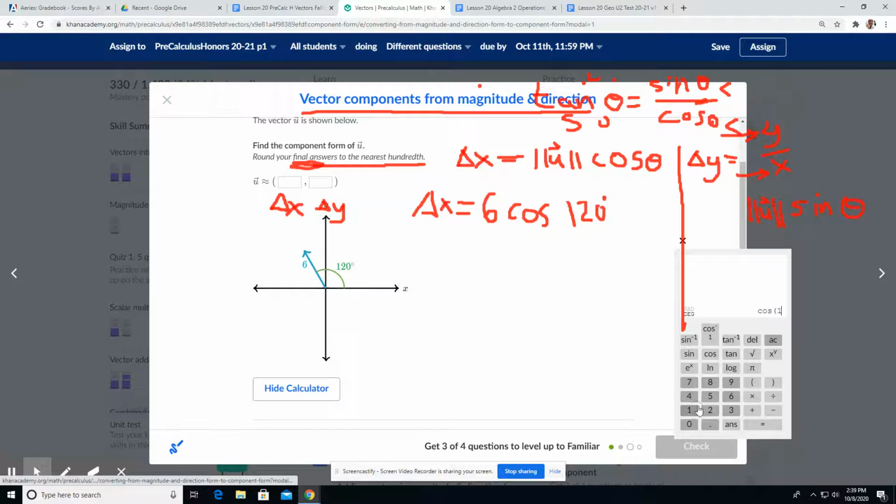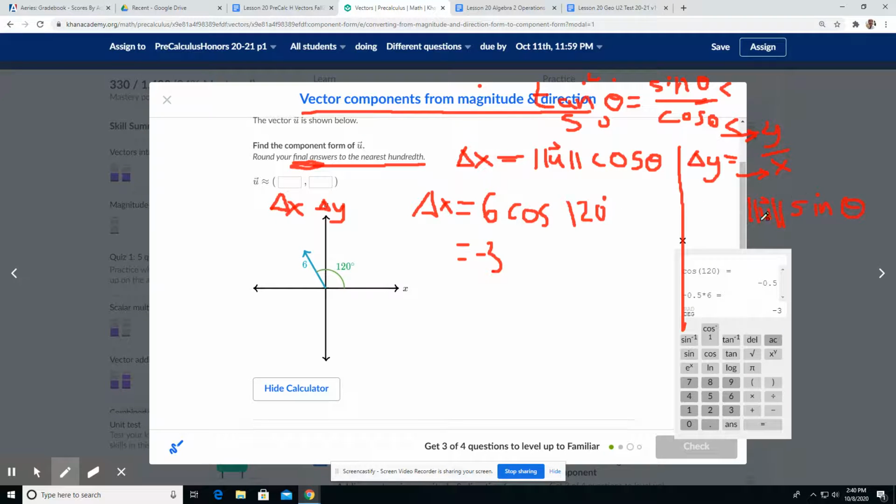Cosine of 120, just trying to use their calculator, equals negative 0.5, okay, good, times 6. Negative 3. So I got negative 3. That would be the change in x part.